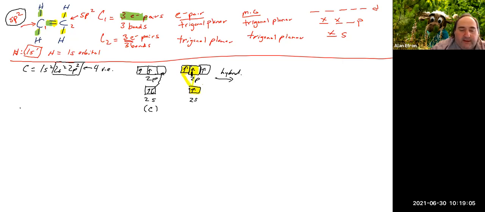So these 3 here are the ones that are going to go through hybridization. And what that's going to result in is we took 3 atomic orbitals, which results in 3 sp2 hybrid orbitals, which each contain an electron, as you can see. And we also have this, which is actually the pz orbital that is unhybridized.